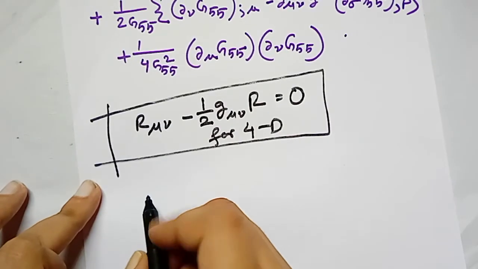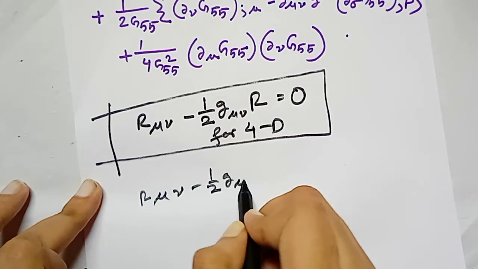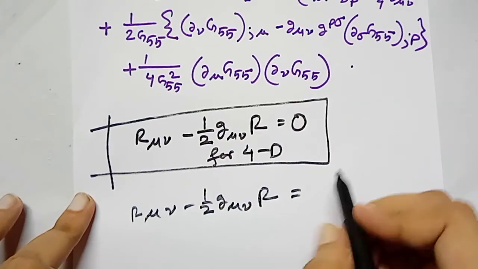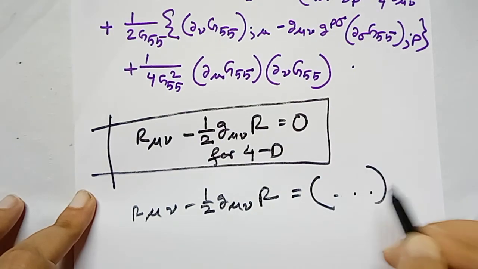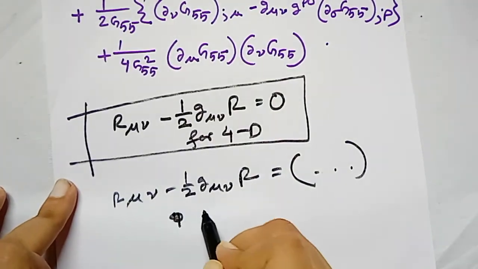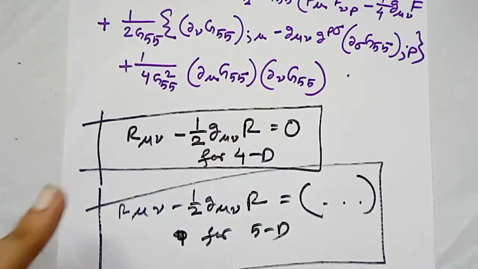But in 5 dimension, R mu nu minus half g mu nu R equal to some term. This is the extra term for 5 dimension.